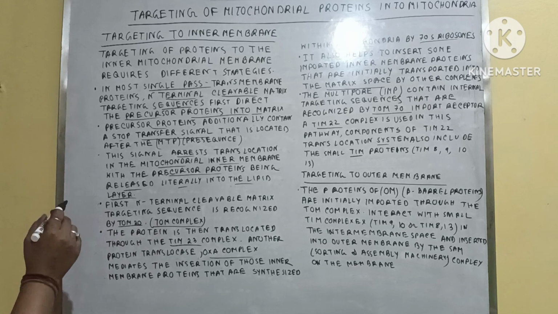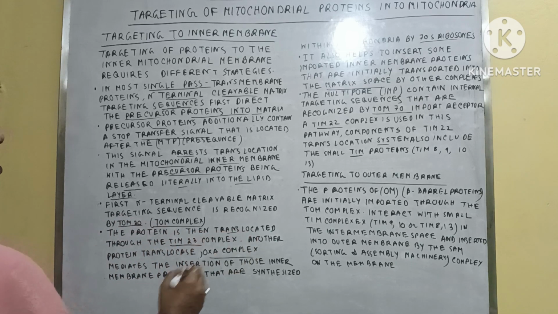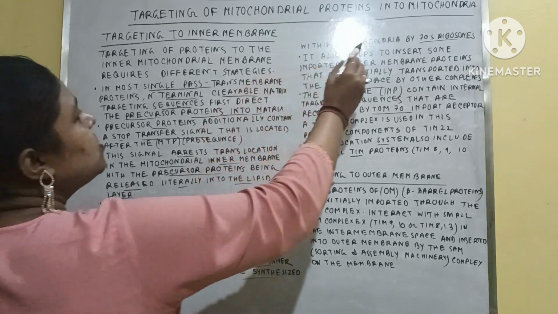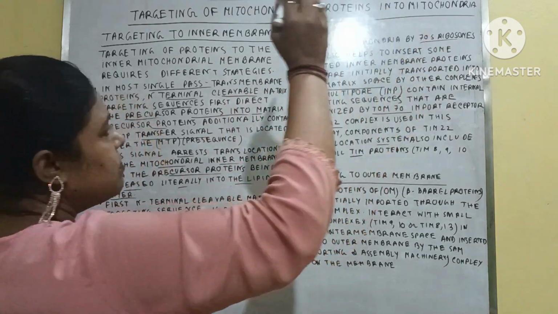Then this protein is translocated through the TIM23 complex. Another protein translocase, the OXA complex, also mediates the insertion of those inner membrane proteins that are synthesized within mitochondria by 70S ribosomes.